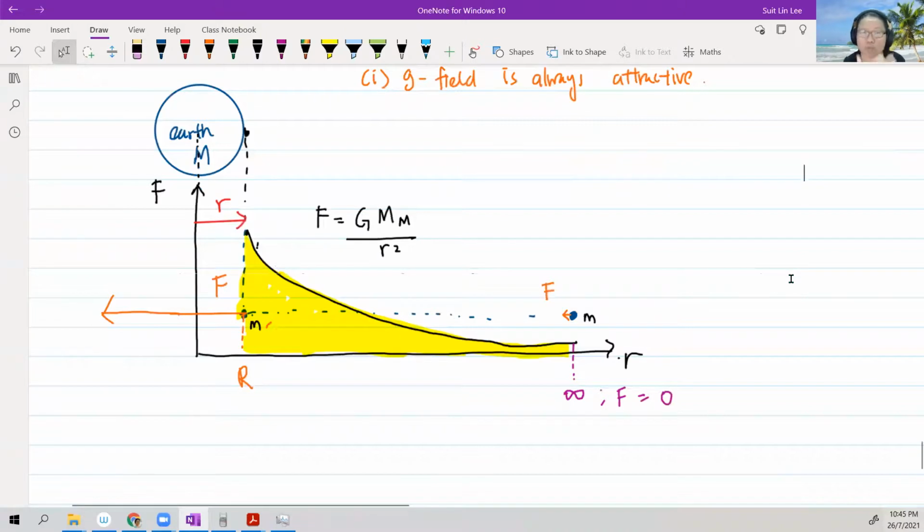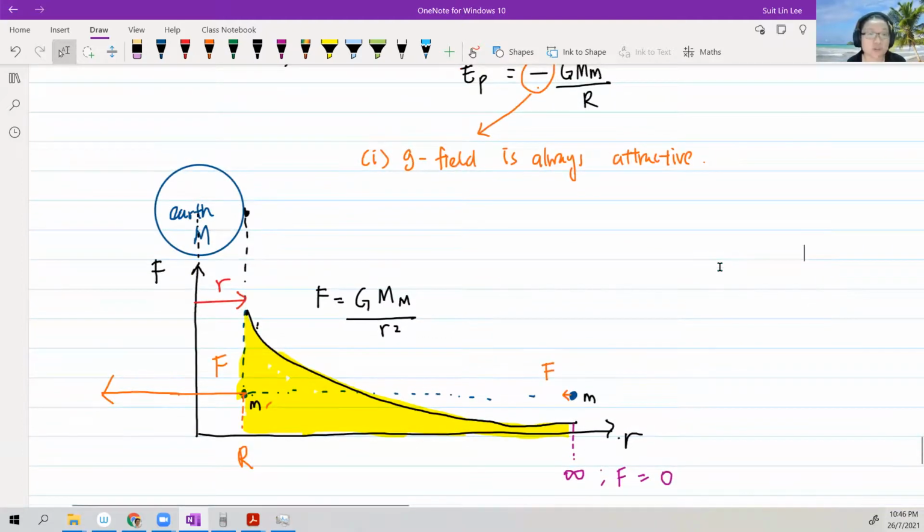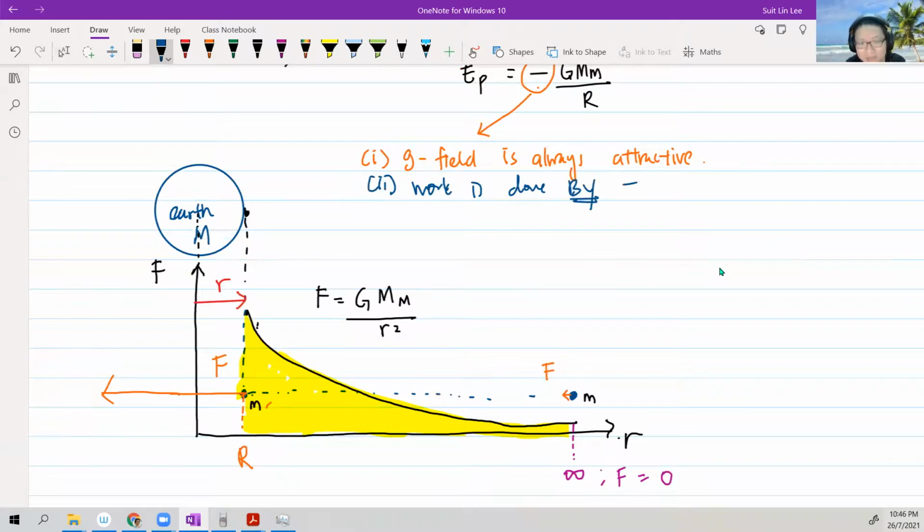Sometimes we would like to be able to look at a GPE graph and tell whether the object is traveling faster or slower. Because the gravitational field is always attractive, work is done by the gravitational field in bringing an object from infinity.